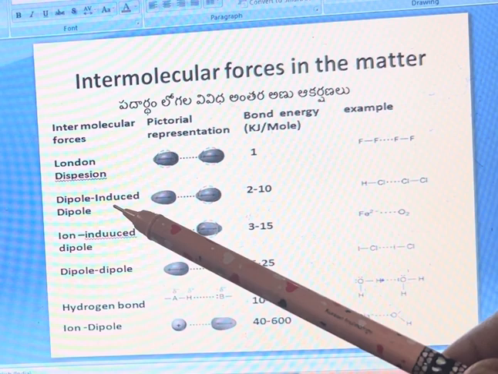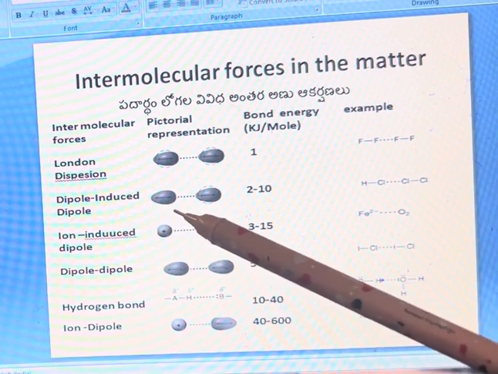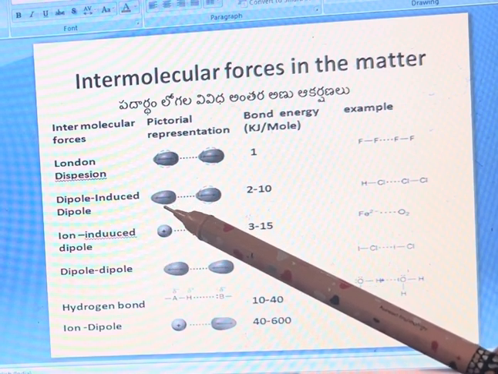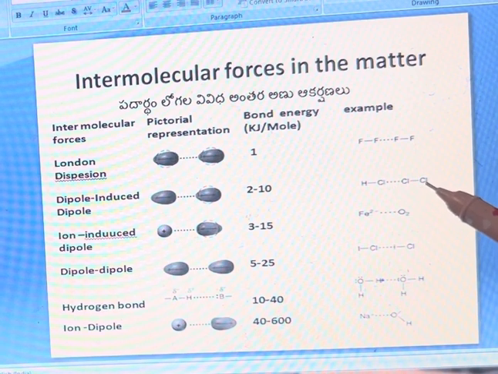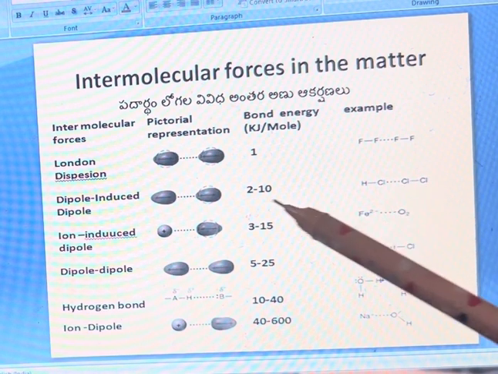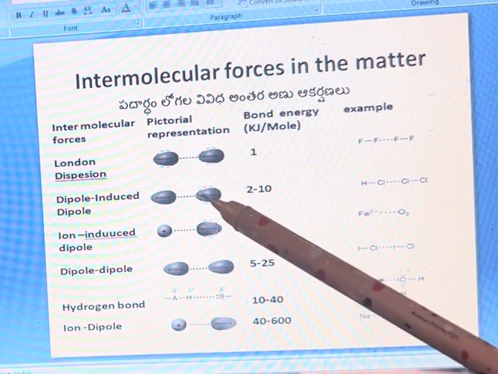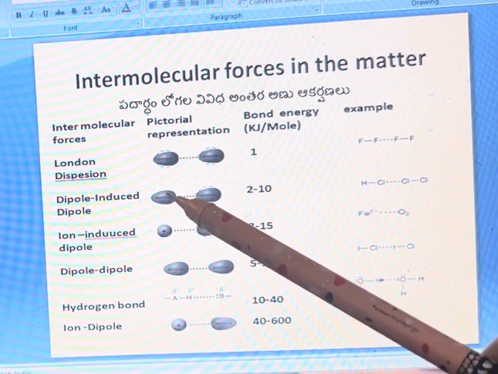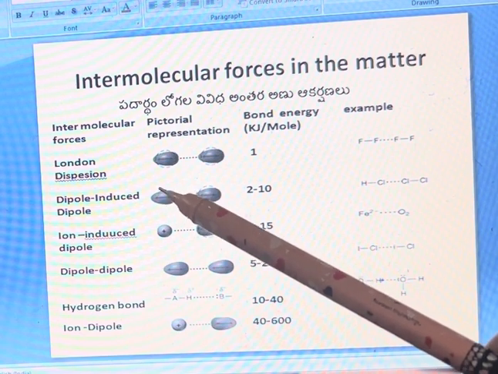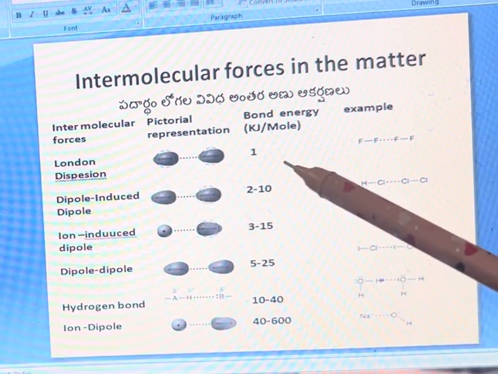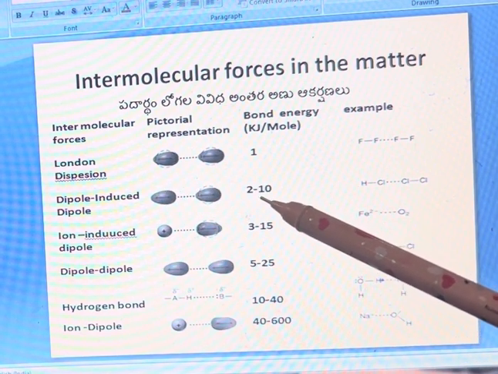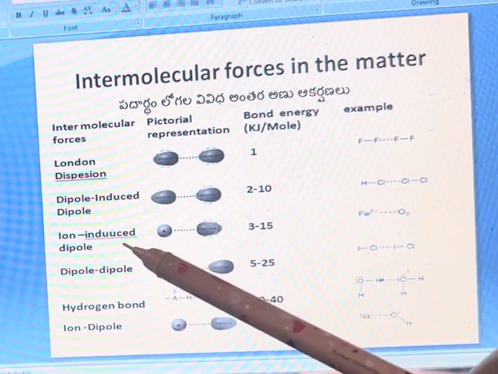The next one is dipole induced dipole. This is a dipole, HCl. The other one is an induced dipole. This is a neutral molecule, round, that will be polarized due to the influence of the other molecule. The energy is 2 to 10 kilojoules per mole.